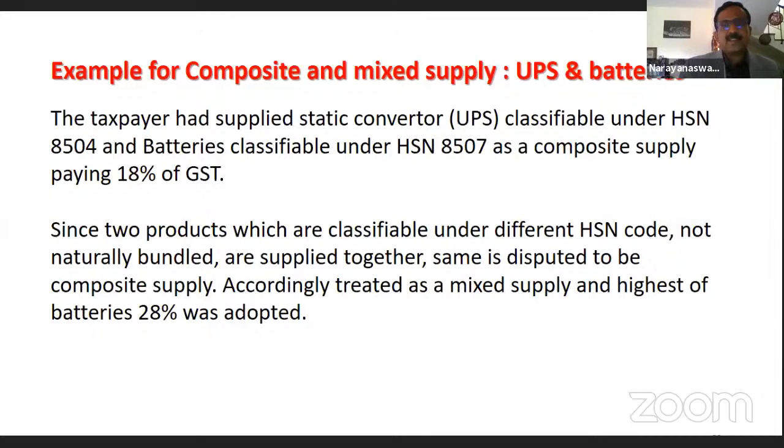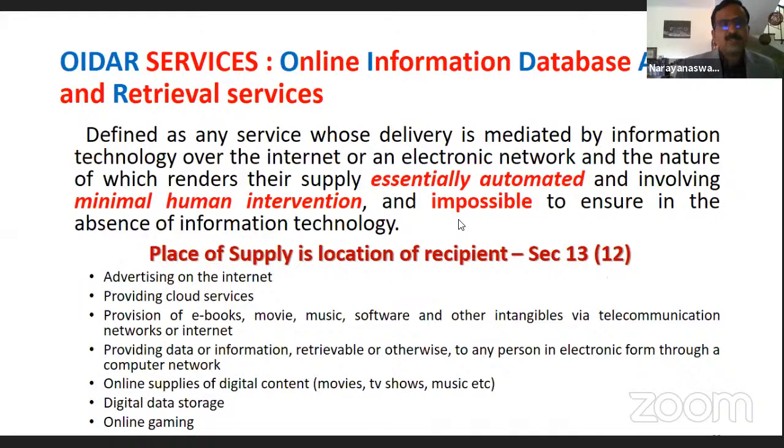There are technicalities saying that they are not naturally bundled, even though it is a necessary thing to run the UPS. So there is a dispute going on this, and you should have paid 28% instead of 18%. So mixed supply and composite supply are very important, and they are the potential litigation areas in the future.